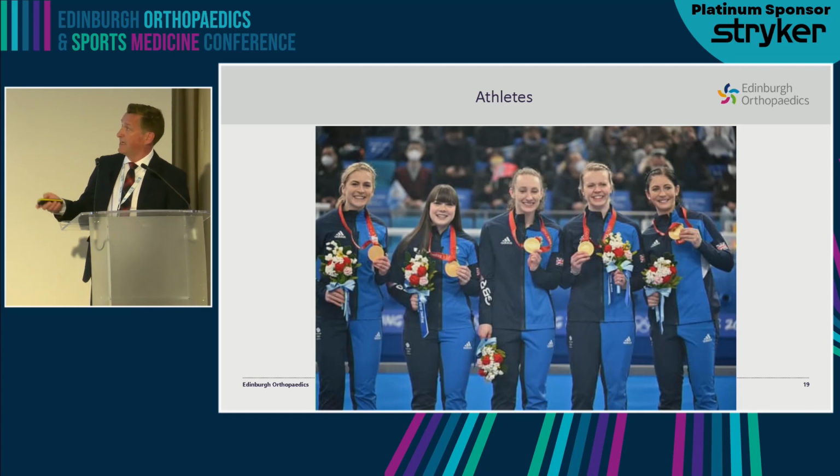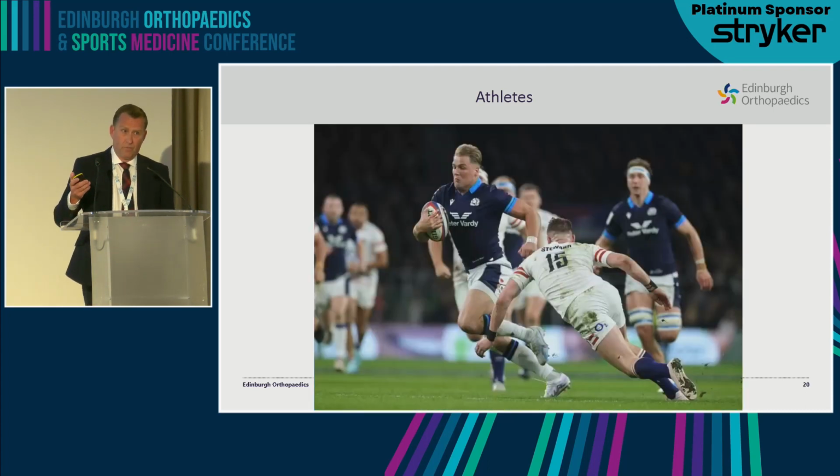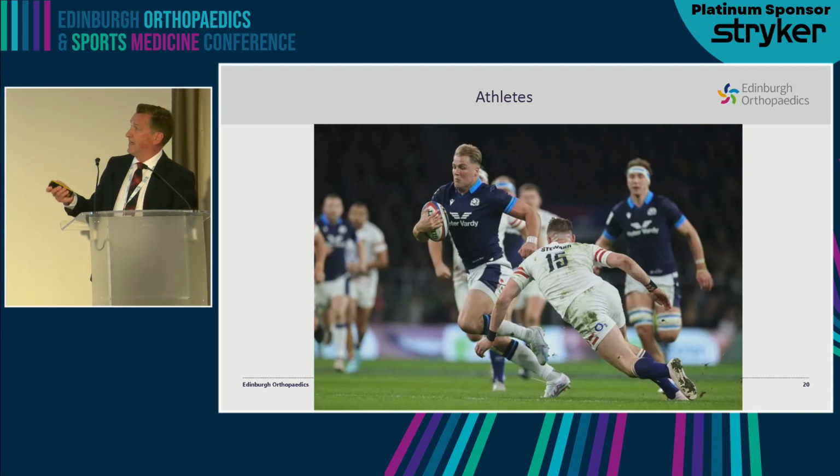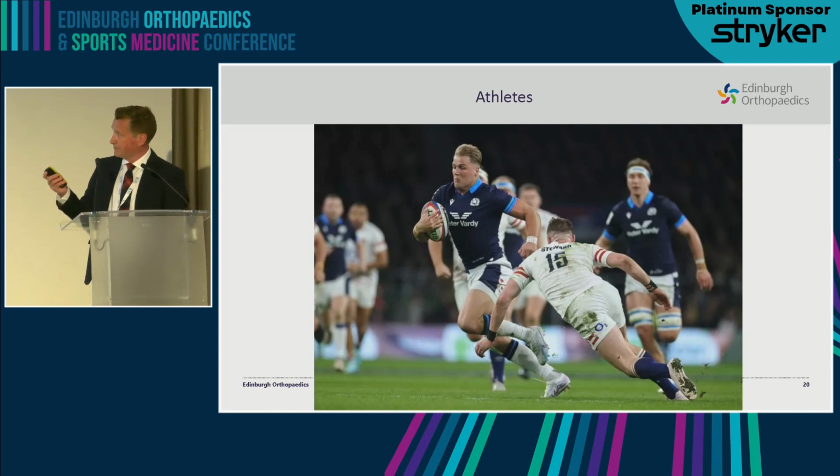One of these athletes had a hip arthroscopy, then won a gold medal at the Beijing Olympics. One of these athletes had a hip arthroscopy, then scored the try of the tournament in this year's Six Nations.